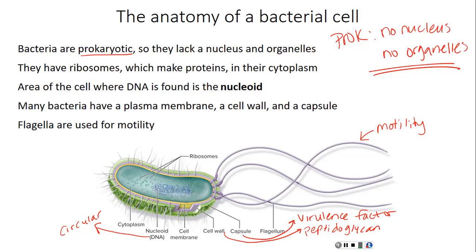And then all this space inside here, I'm not going to color the whole picture, but all inside here is called the cytoplasm. It's just the space inside the cell. What's also in the cytoplasm is the cytosol, and that's a jelly-like fluid that holds up the DNA.